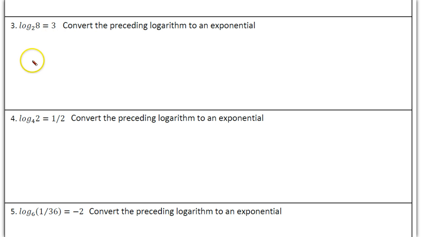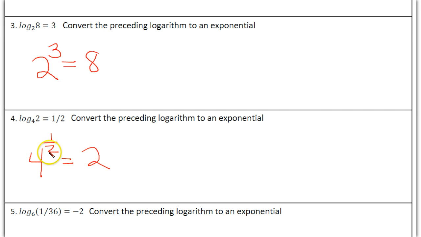Our base is 2. Our exponent is 3. And our answer is 8. Our base is 4. Our exponent is 1/2, and our answer is 2. And the half power is the square root of 4.